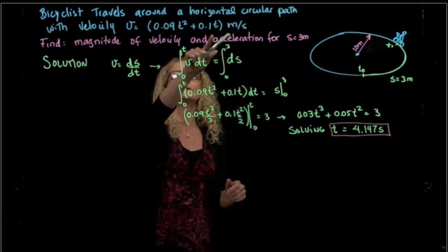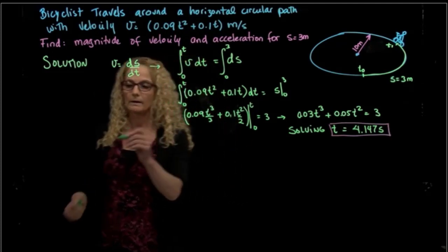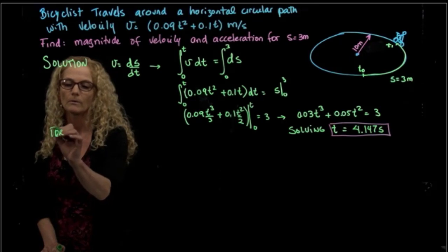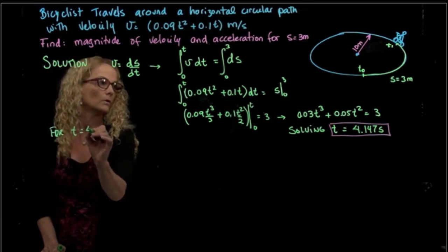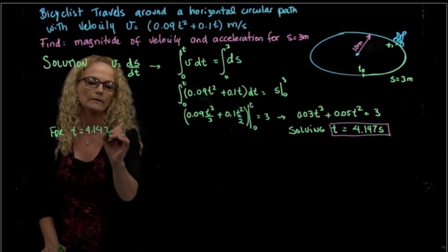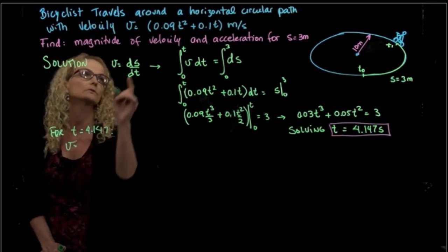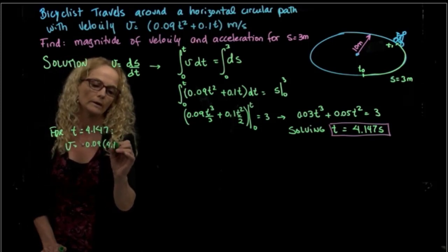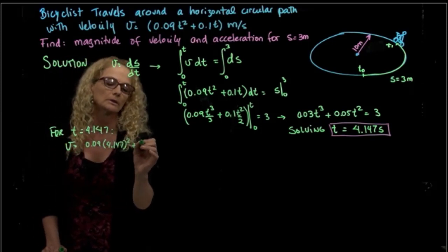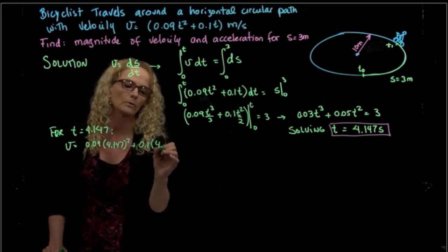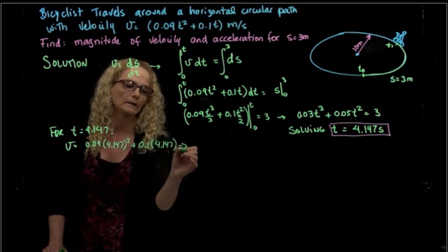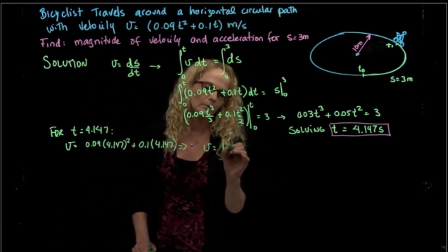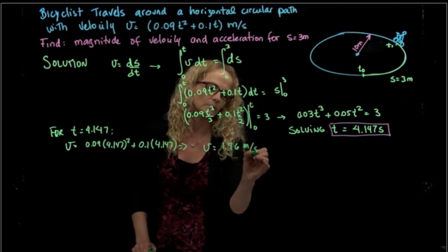Once we have solved for t, it's easy because we are asked to find the velocity, and the velocity is already given. Substituting t equals 4.147, the velocity is 0.09 times 4.147 squared plus 0.1 times 4.147, and that gives me the velocity, which I also have here, 1.96 meters per second.